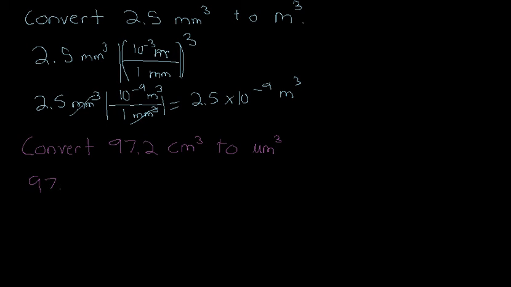Same process as before. It should be pretty intuitive what you're setting up at the beginning. 97.2 centimeters cubed. Again, we want centimeters cubed to cancel out. So I put centimeters down here and meters up here. Prefix for centi, 10 to the negative 2 over 1.